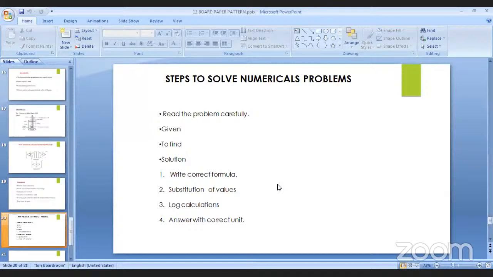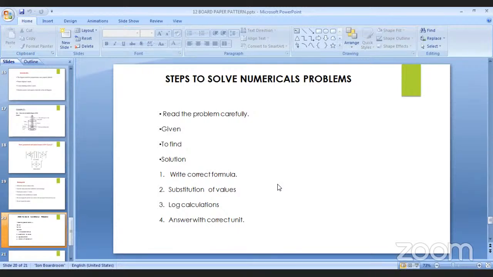For name reactions, as I've said, practice the name reactions which are there in the book. And if a mechanism is asked and it is given in the book stepwise, try to write it stepwise only. Mention it properly. Only writing the reaction and not writing the explanation will not give you marks.